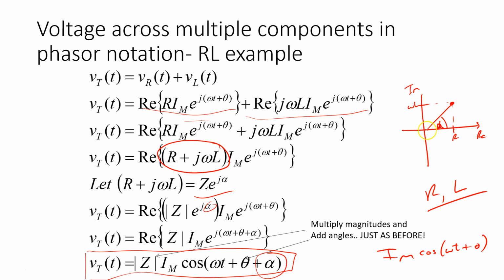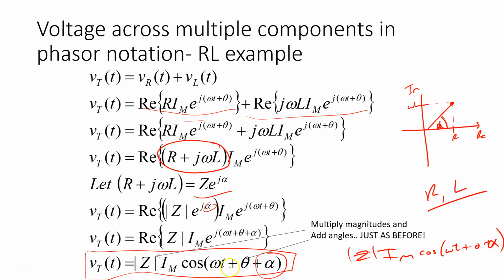So I multiply it by this magnitude and I add this angle to it, and I get what the voltage is across the circuit, and I didn't have to go and add three sinusoids together with all different phases.